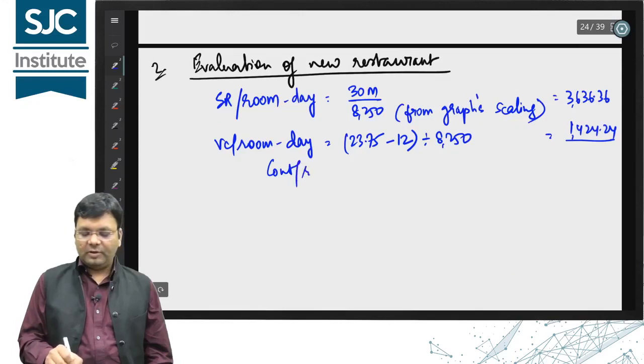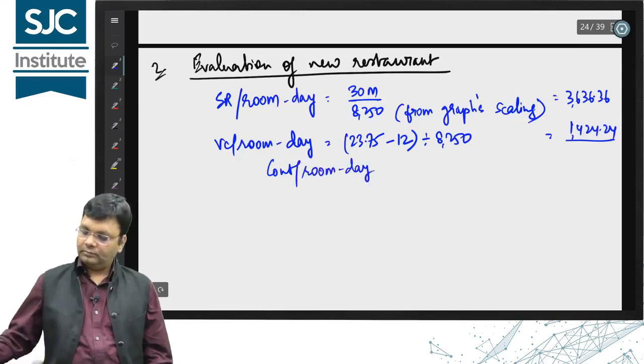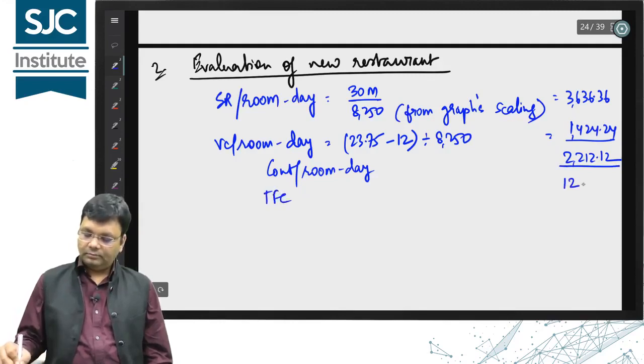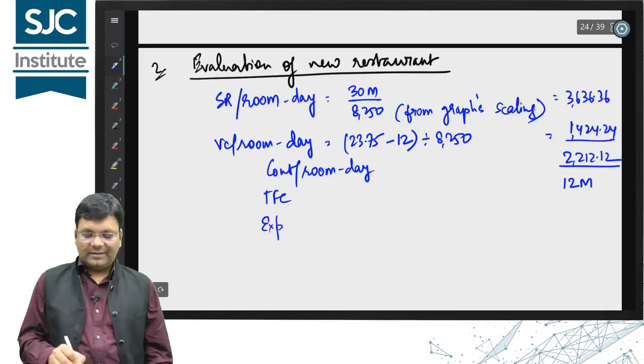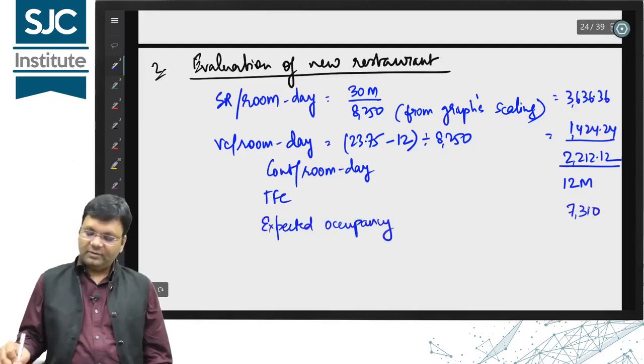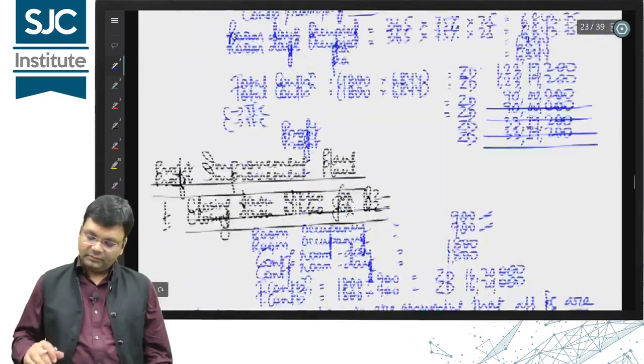So contribution per room day is 2212.12. Total fixed cost is 12 million. Then expected occupancy is 7310. You remember that 7310?